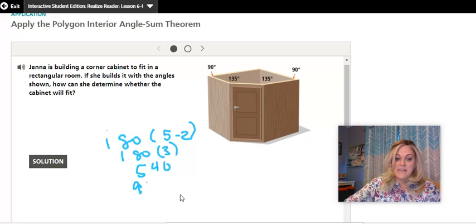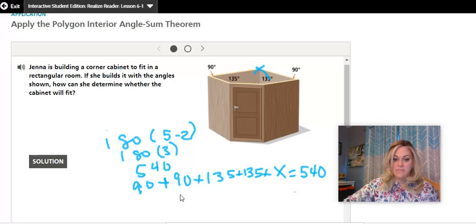So I'm going to say 90 plus another 90 plus the 135 plus the 135 plus this one back here that I don't know. I'm going to call this x. That has to equal 540 exactly. So take a second, calculate that out.